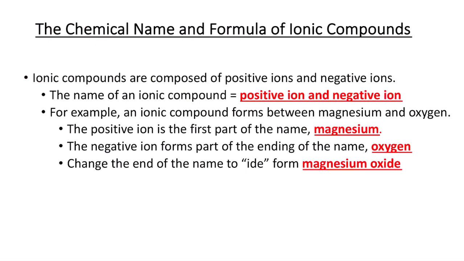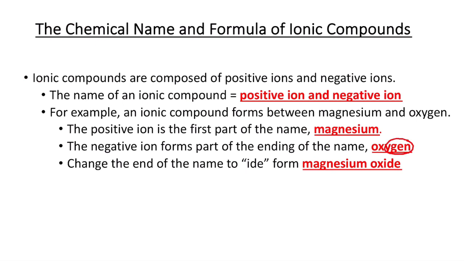For example, an ionic compound forms between magnesium and oxygen. The positive ion is the first part of the name, magnesium. We never change anything about the first element. The negative ion, though, forms the second part of the ending. So in this case, it's oxygen, but we have to change the ending here.